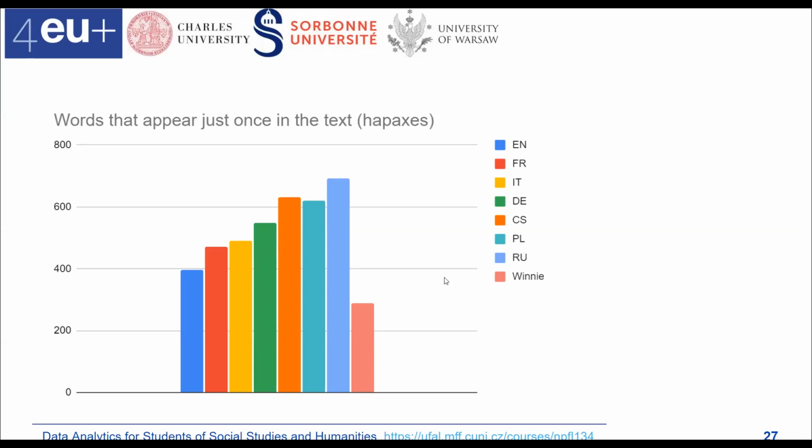In the case of the English version, again, you can see that the difference between the six official languages of the European Union is still very high. And you see that the hapaxes are more frequent in the Polish and Czech versions, which corresponds with the fact that the vocabulary richness was much higher in the case of these Slavonic languages.